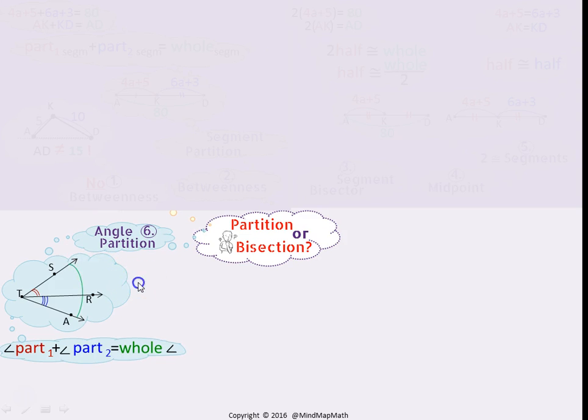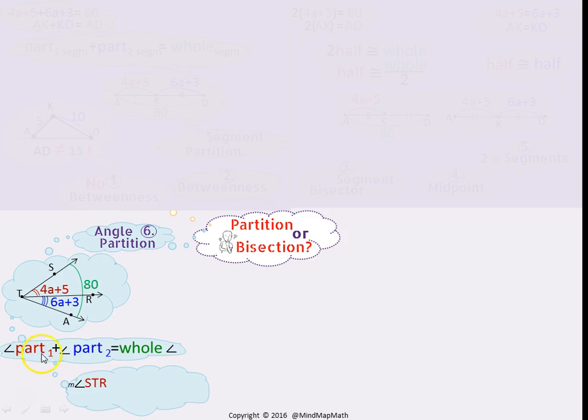If we actually assign numerical or algebraic values to these angles, then we can continue making up our equation and maybe solving it for a given value.